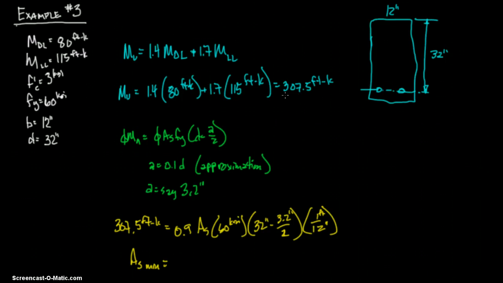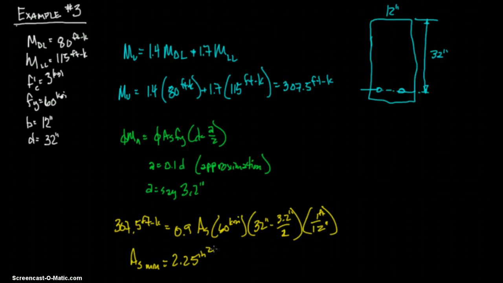Anything higher than this area of steel will give a capacity higher than Mu, which is what we want. So we go 307.5 divided by 0.9 divided by 60 divided by the quantity 32 minus 3.2 divided by 2, times 12.